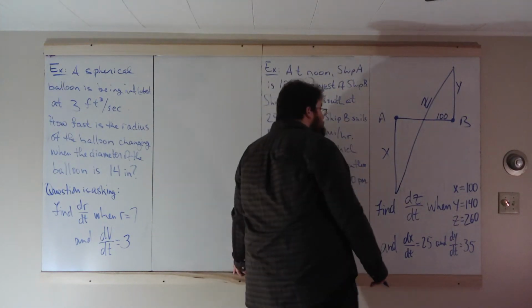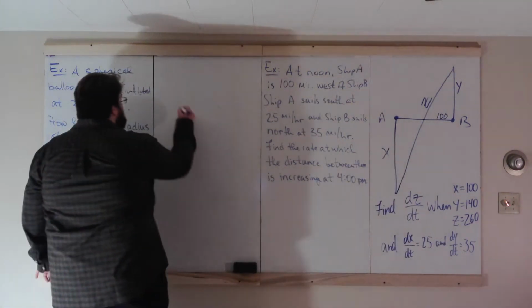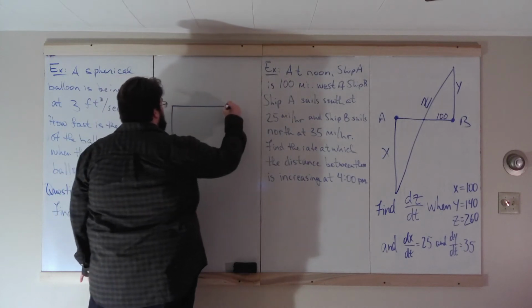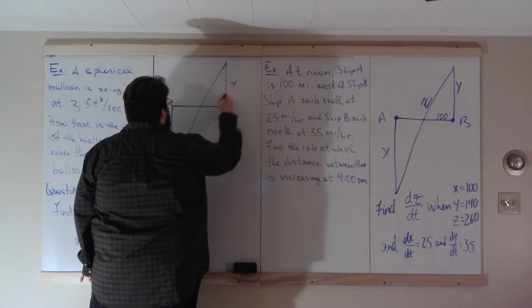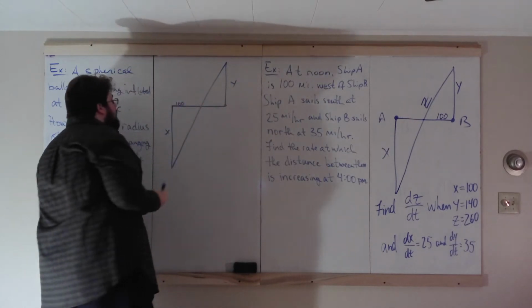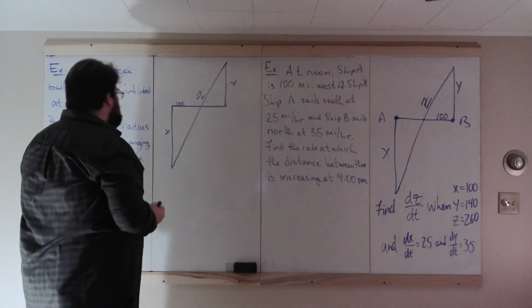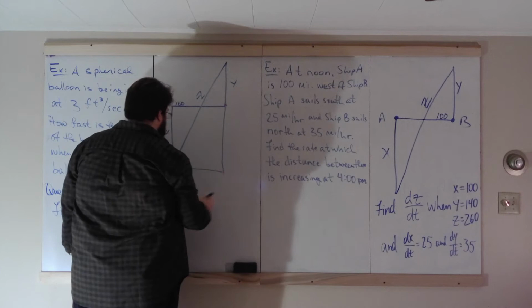I drew my dz/dt a little large. I'll just recreate this diagram over here. In your notes, you don't necessarily have to recreate this diagram if you're taking notes. And z. Well, what can we do? We can make a big triangle, like this.